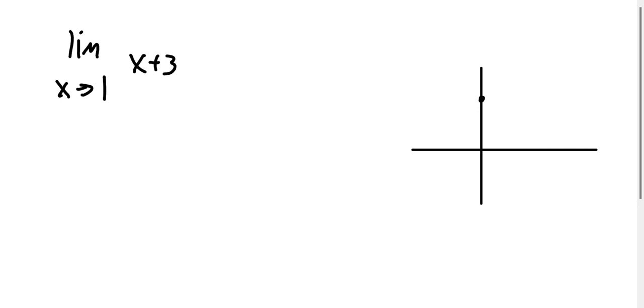So, 3 is probably right here, and the slope is 1. Just go up 1, right 1, and then we can just draw our line right there.